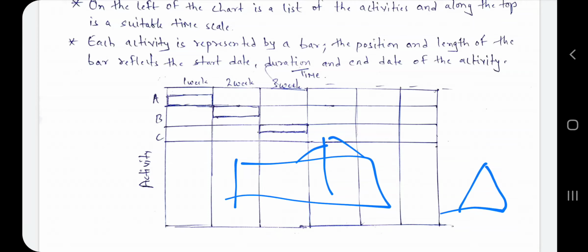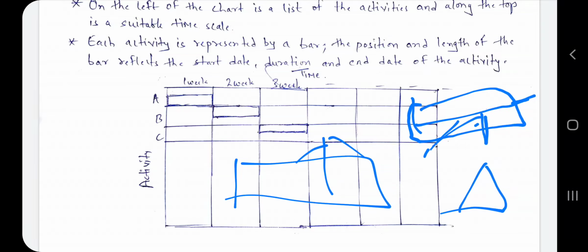That is the milestone. And one more thing we have to do: if this is our bar for the task, we also have to show the completed part. For that, you shade this portion like this.